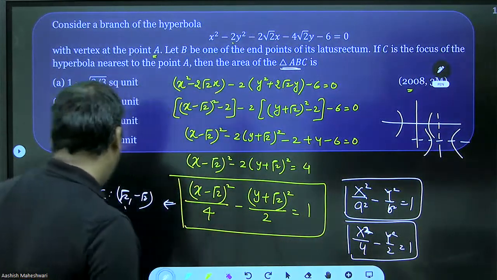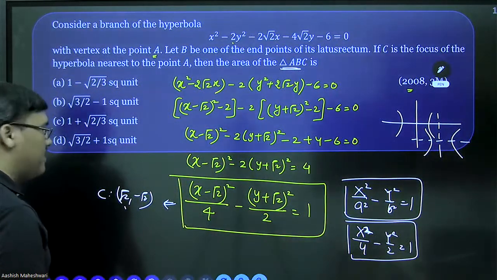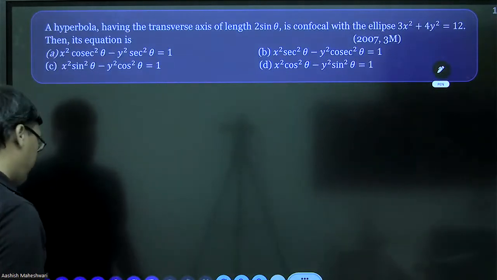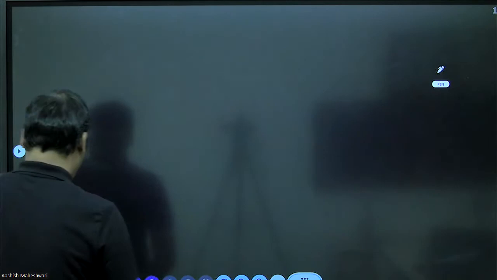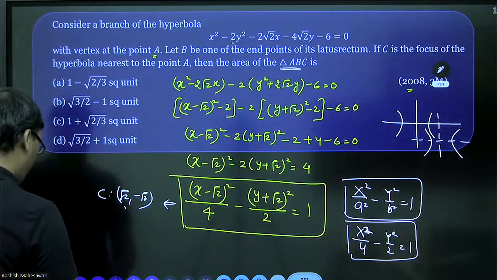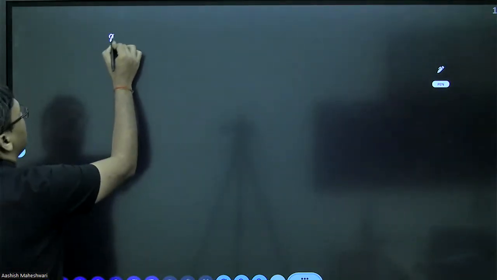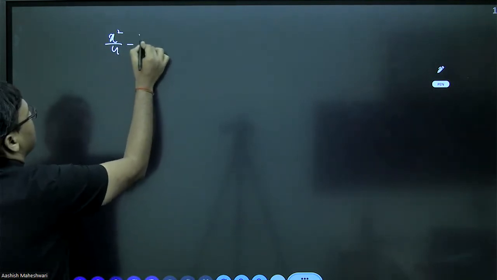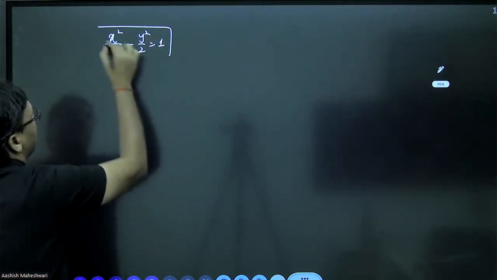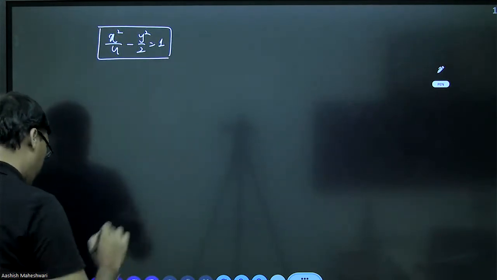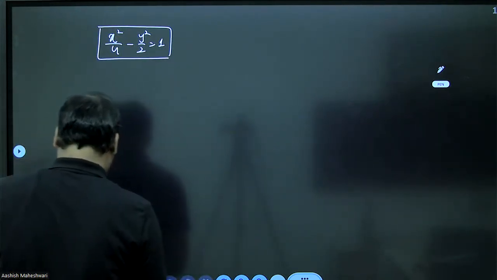Okay, so now we have the hyperbola. Let's write this. So we have the hyperbola x square upon 4 minus y square upon 2 is equal to 1, and we have to find the area of this triangle ABC. Now let's draw the diagram.